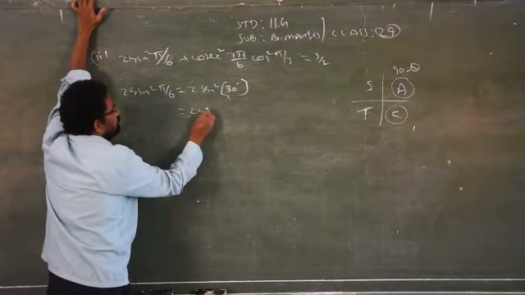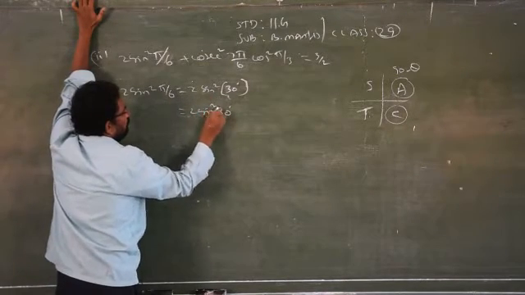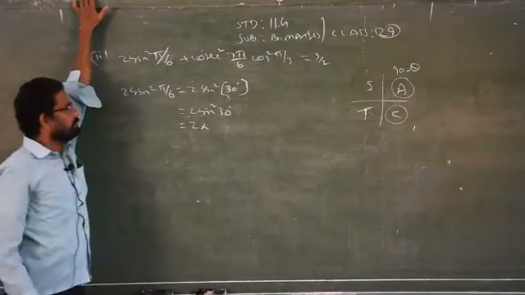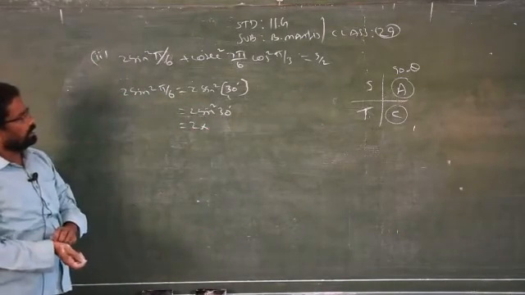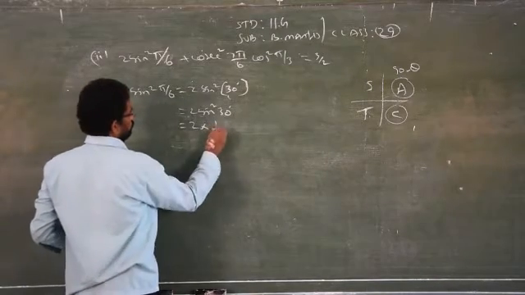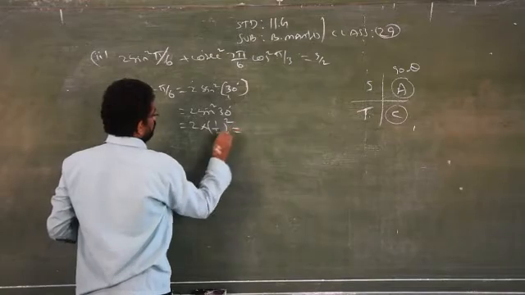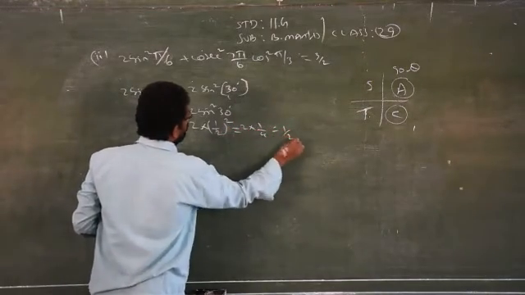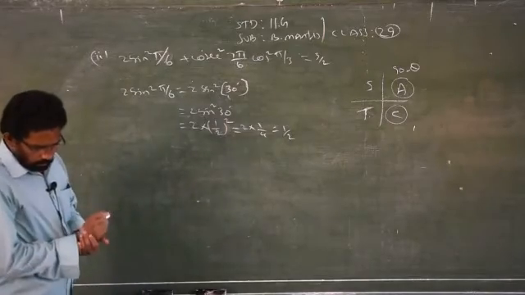So 2 sine square 30, sine 30 is how much? This you studied already in 10th standard and 9th standard. Sine 30 degrees is 1 by 2. 1 by 2 the whole square, that is 2 into 1 by 4, which will give you 1 by 2. I got the answer 1 by 2.